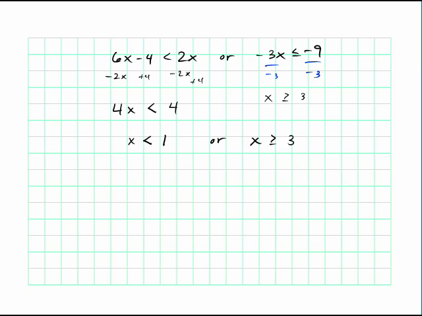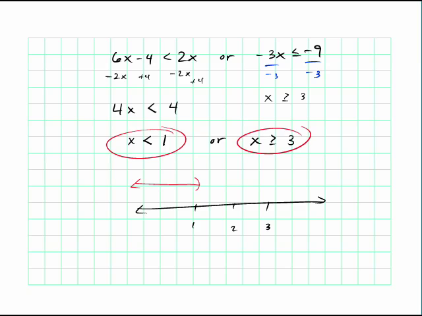Okay. I've solved each one for x. Now I'm going to draw my number line and do my scratch work. Less than 1 are these numbers. Greater than or equal to 3 are these numbers.